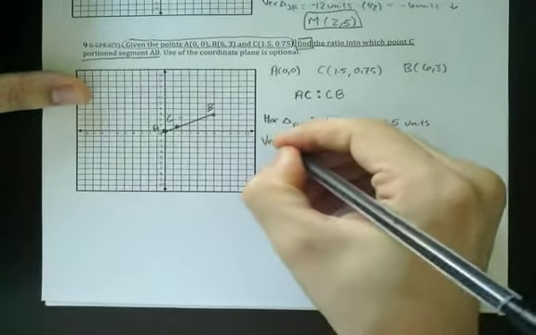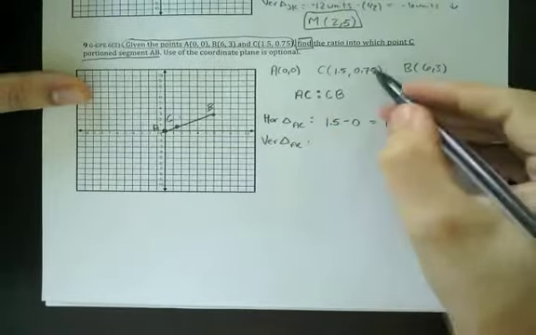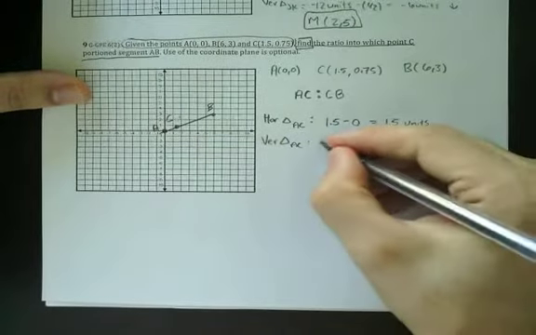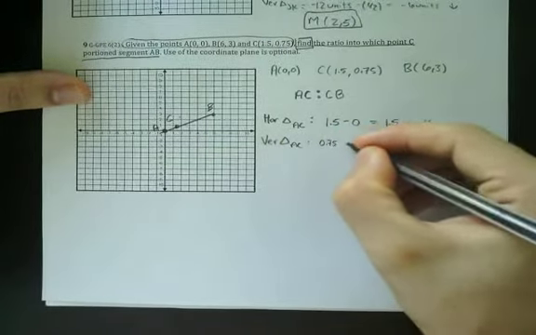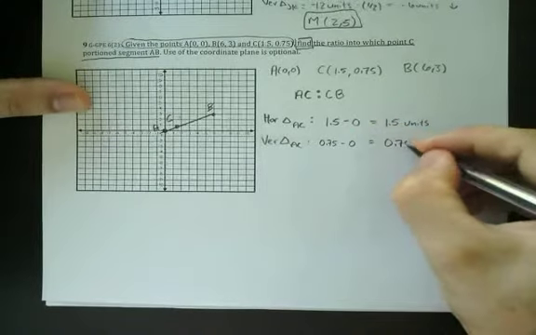The vertical change from A to C, using the y-coordinates this time, is going to be 0.75 minus 0, which is a total of 0.75 units up.